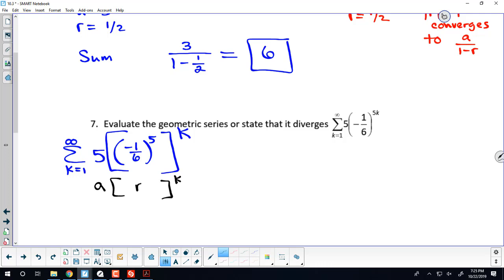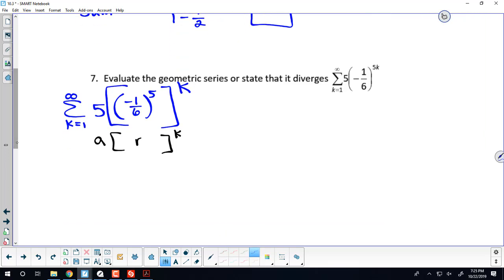So is A 5? If this started at 0, it would be 5, right? Because all of that stuff to the k would be 1. But we're starting at 1, so the first term is when k equals 1, not k equals 0.